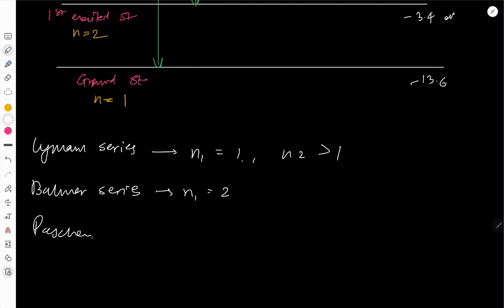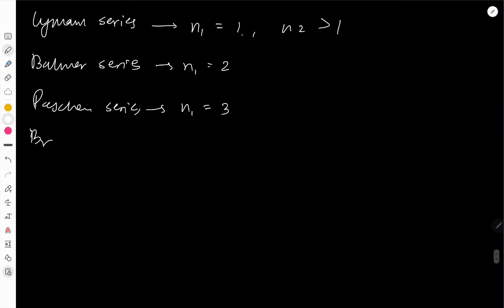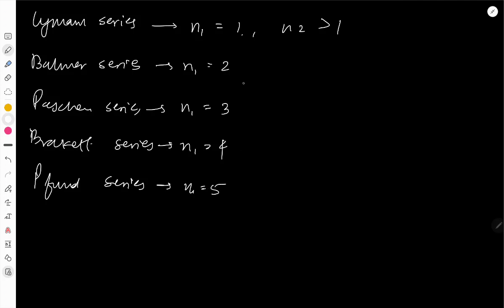Then the Paschen series where n1 is 3. Then the Brackett series where n1 is 4. Then the Pfund series where n1 is 5, and simultaneously n2 is greater than n1 in each case.